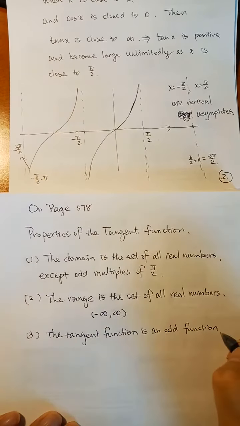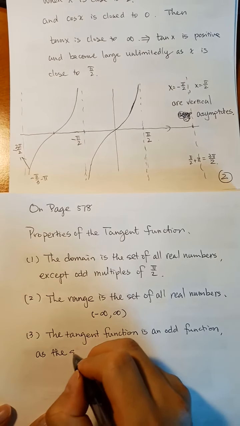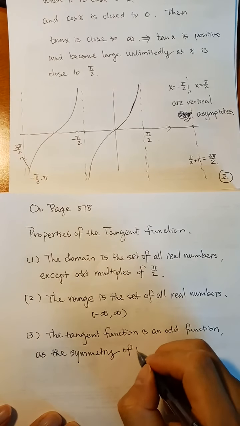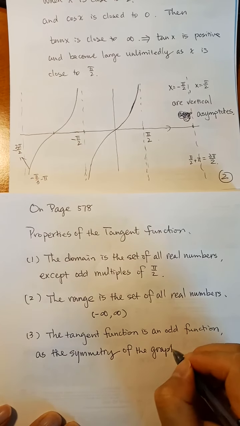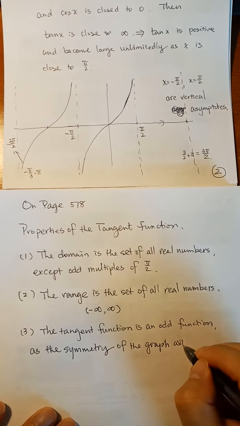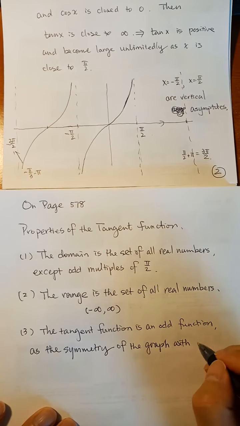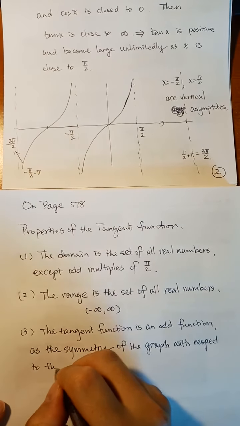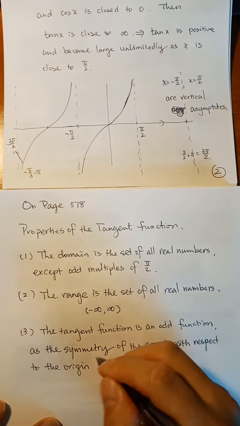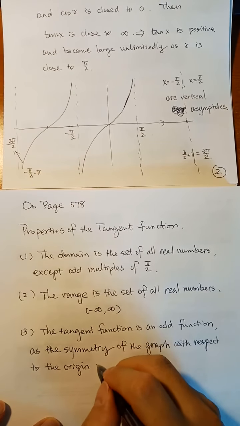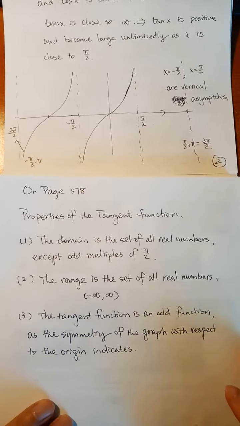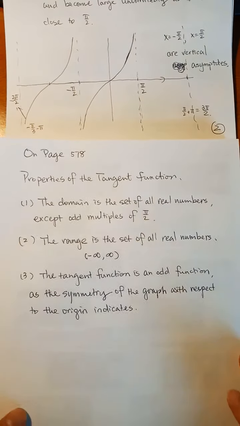Here we explain what an odd function is: the symmetry of the graph with respect to the origin. So there are 2 ways to understand this odd property. Okay, so what is odd?